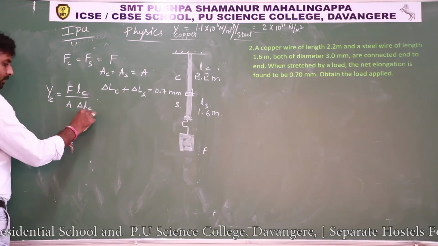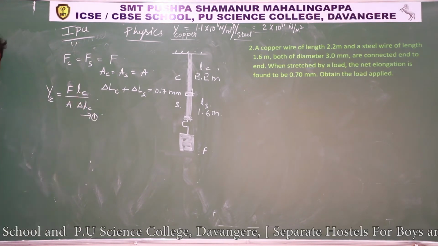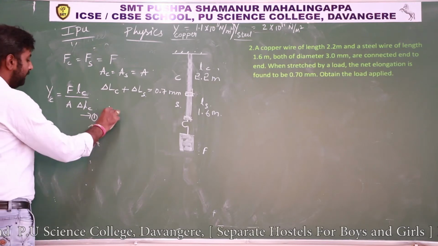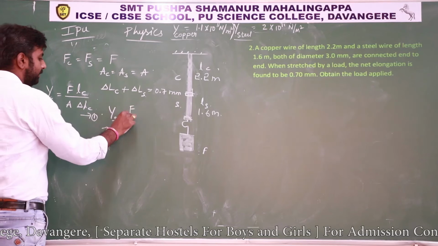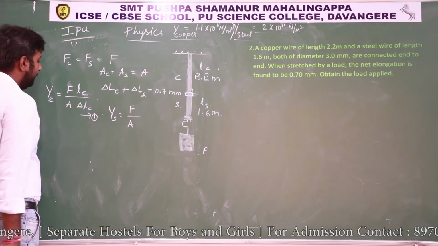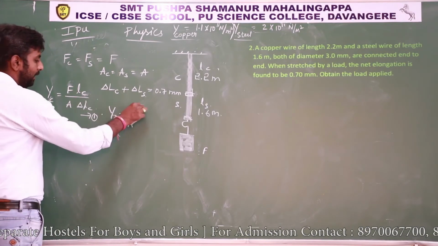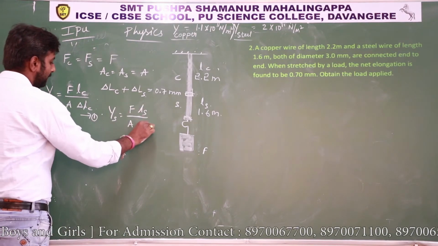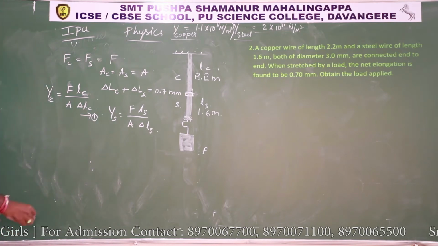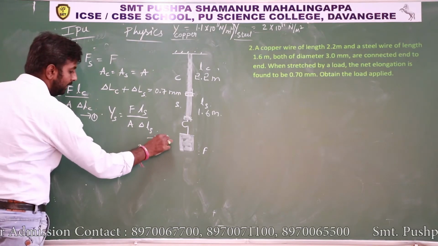Okay, let us consider this as the first equation. And similarly steel, Young's modulus of steel means force is F itself, A, then LS divided by delta LS. So let us take it as the second equation.